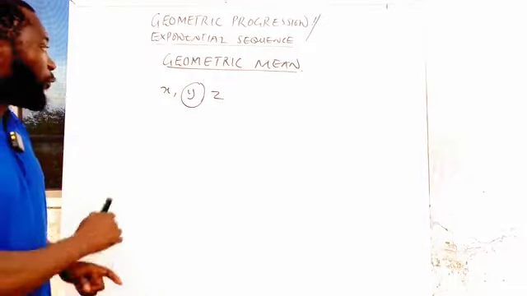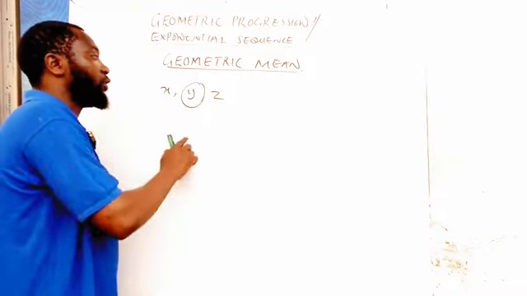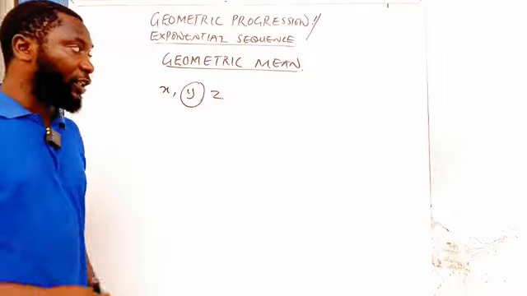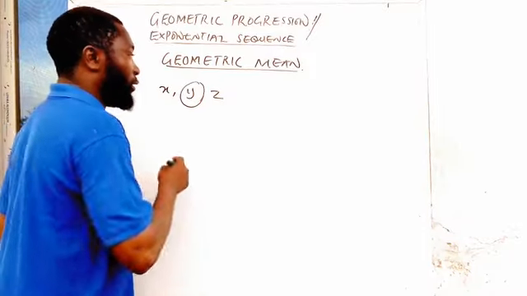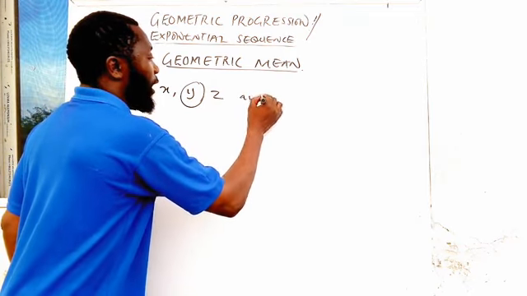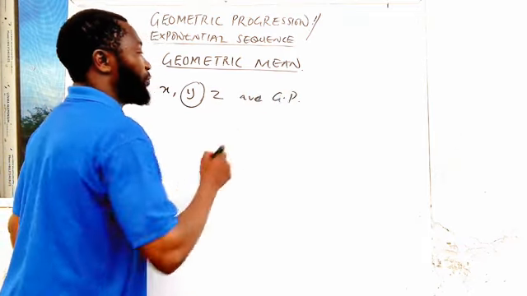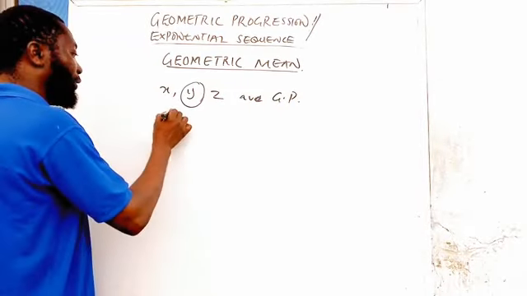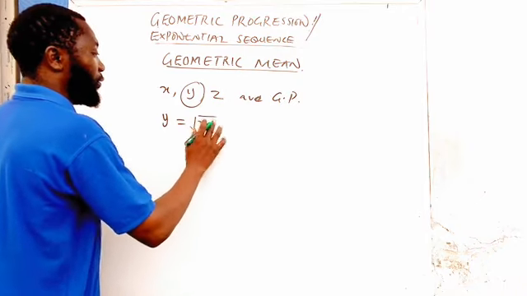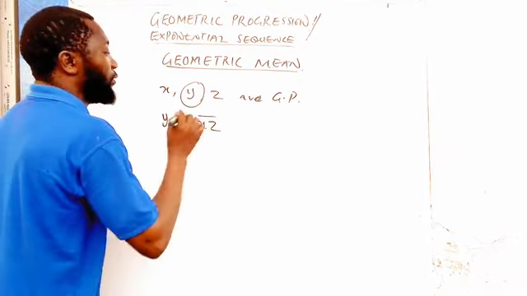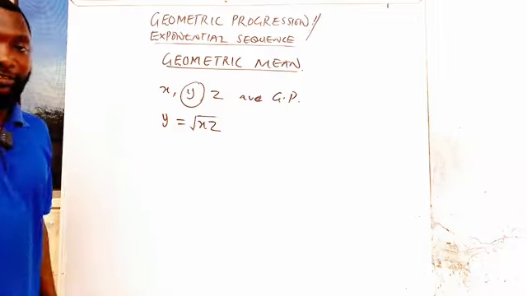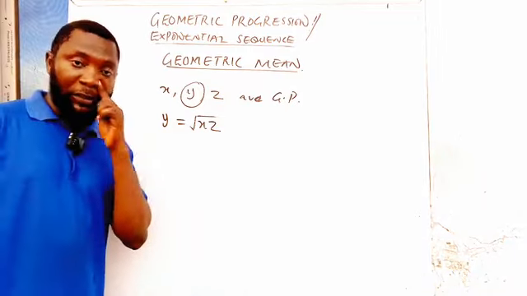So if y equals the square root of the product of x and z, then we say y is the geometric mean. They are GP. The positive square root of x and z is the geometric mean.